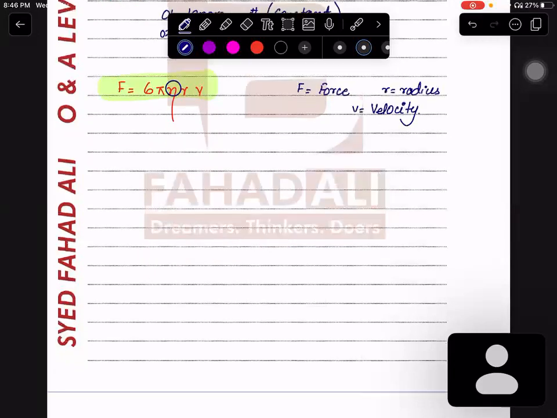Clear? So rewriting the equation, F is equal to 6 pi eta r v. Now we know 6 is a number, we have to cancel it. Pi is a constant, we have to cancel it. Now the equation becomes F is equal to eta r v, where eta is our subject.